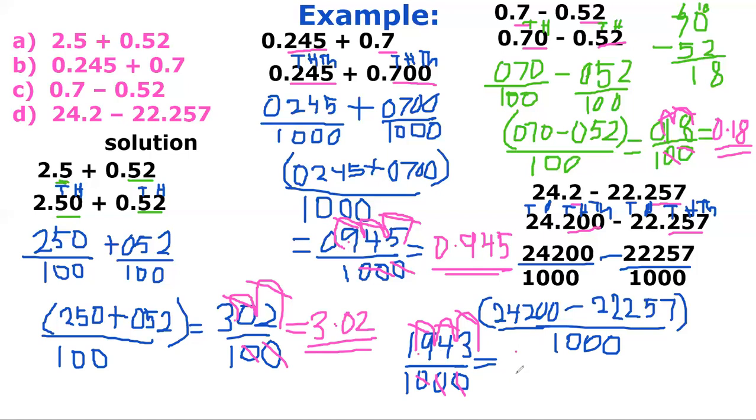So now we have 1.943. Okay, good. So that is the answer to our fourth question, 1.943.